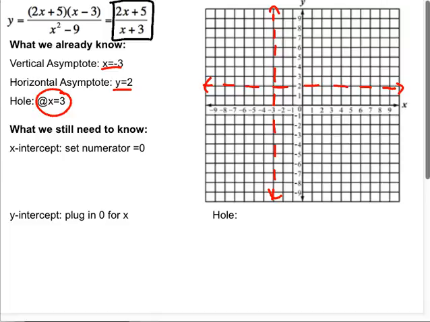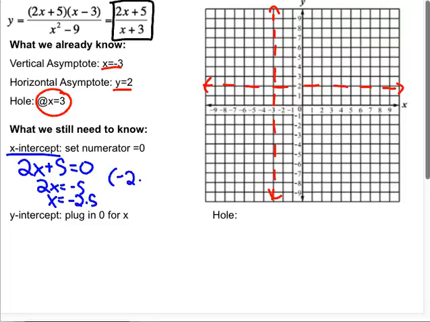All right, x-intercept. So the rest of the things we need to know. X-intercept, set the numerator equal to 0. So 2x equals -5, x equals -2.5. So my x-intercept is right here, (-2.5, 0).